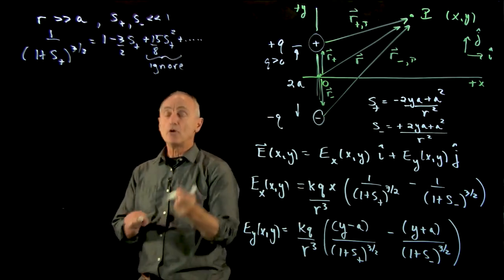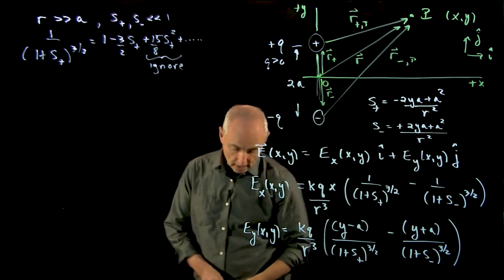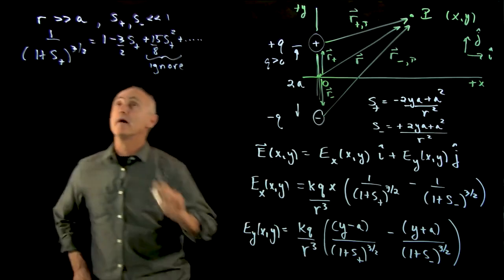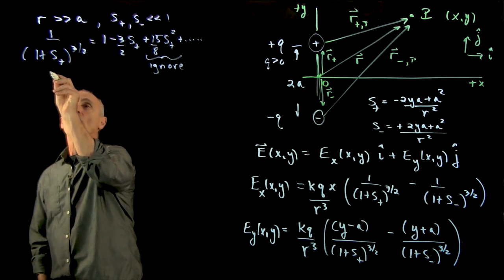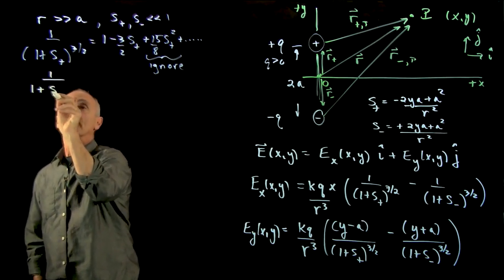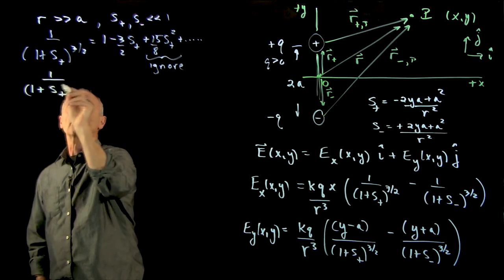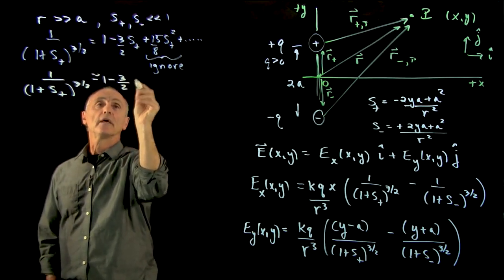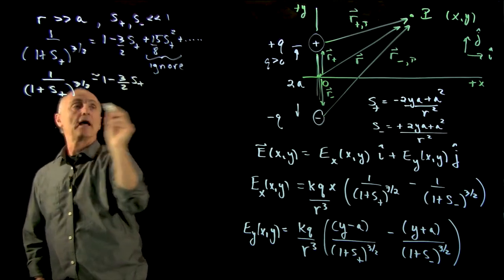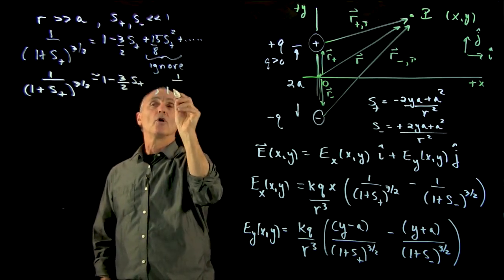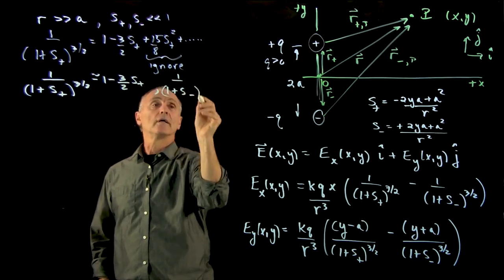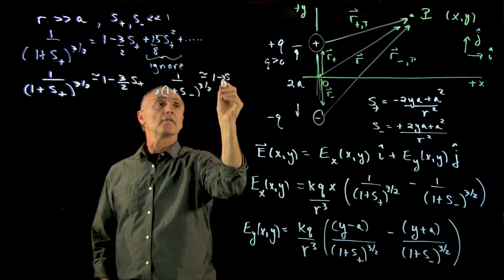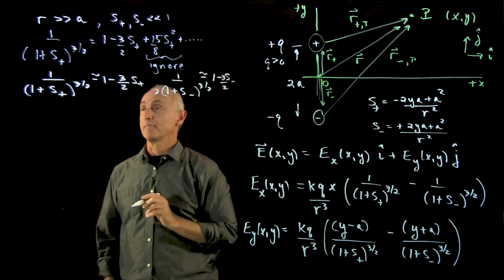And by ignoring that term, we can write out our expansion in the following way. We have that 1 over 1 plus s plus to the 3/2 is approximately 1 minus 3/2 s plus. And similarly, 1 over 1 plus s minus to the 3/2 is approximately 1 minus 3/2 s minus.